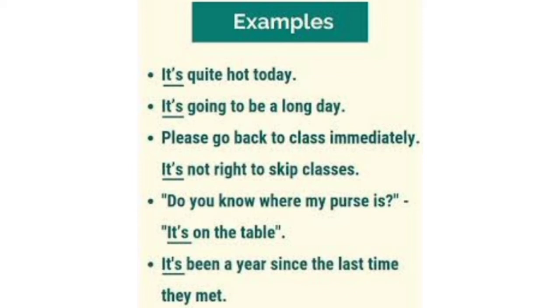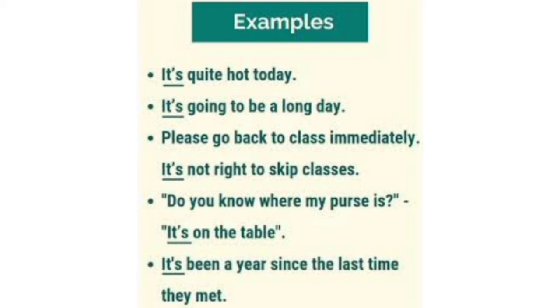Now let us see some more examples with the use of it's with an apostrophe. First, it's quite hot today, which means it is quite hot today. Second, it's going to be a long day, which means it is going to be a long day. Third, please go back to class immediately.